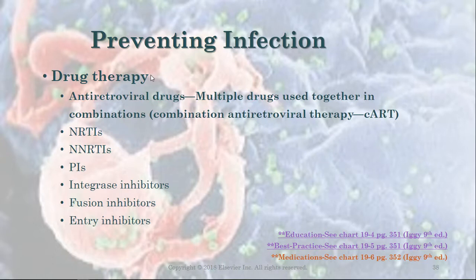NNRTIs are non-nucleoside reverse transcriptase inhibitors, and that works at a certain point where the virus tries to attack the CD4 cells. So you'll just have to revert back to that picture that I put up in the first few slides about how the drugs actually work in preventing the virus from attacking the CD4 cells. So your PIs are your protease inhibitors, and then you have your integrase inhibitors, fusion inhibitors, and entry inhibitors.